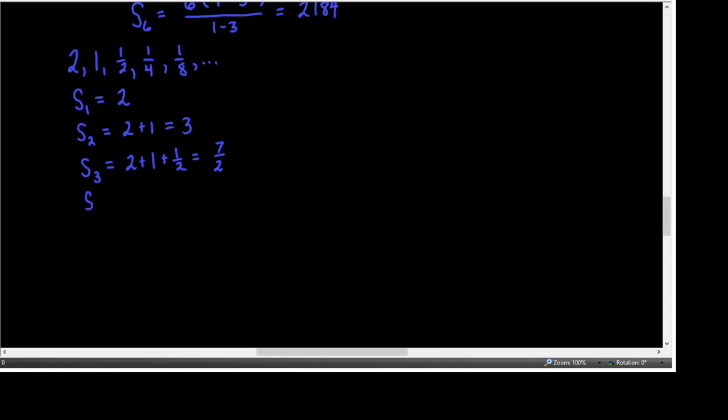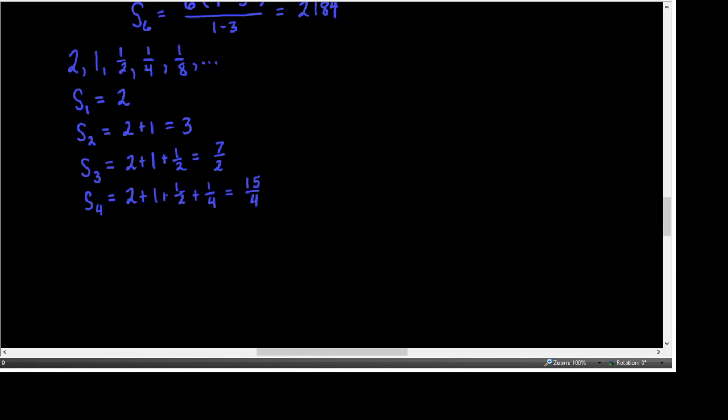And the fourth partial sum of the first 4 terms is 15/4, etc.